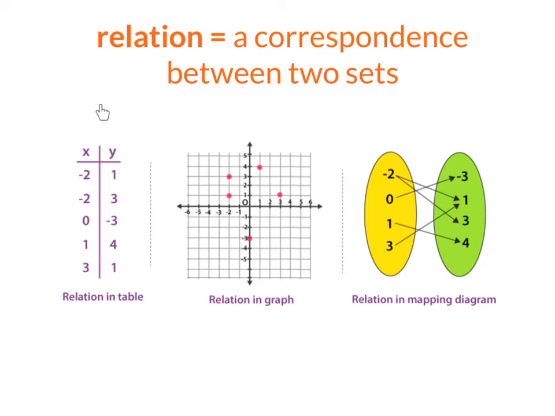Another way is to take that table and graph it on the XY or Cartesian plane. Again, you've seen this a lot. A third, probably less popular way to represent a relation is through a map or a mapping diagram, which essentially is a lot like a table, except you use arrows to represent the relationship.